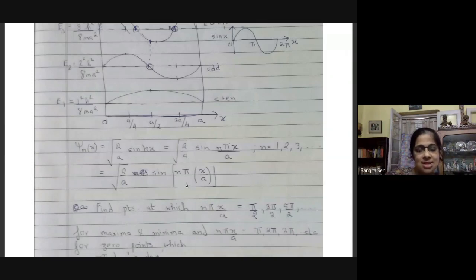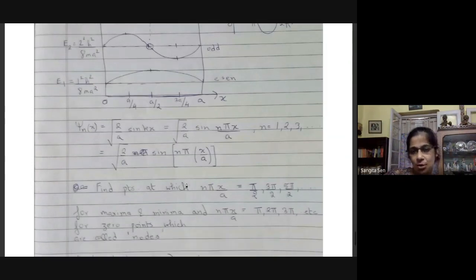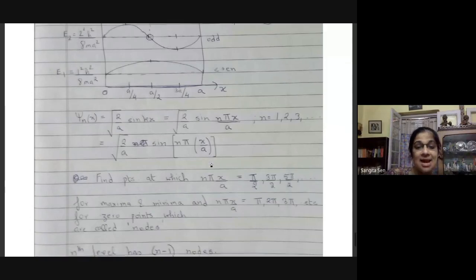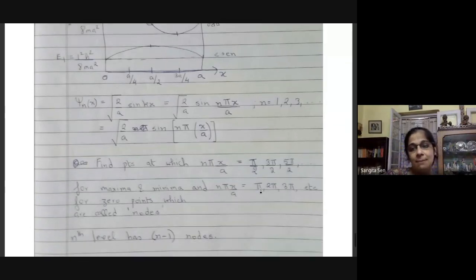Then these points will give me the maximum or minimum, since sine of some odd multiple of pi by 2 will give me plus or minus 1. You find those points, and you also find the points where psi is 0, so when n pi x by A is some integer multiple of pi.